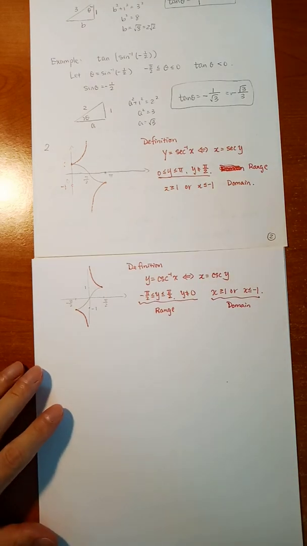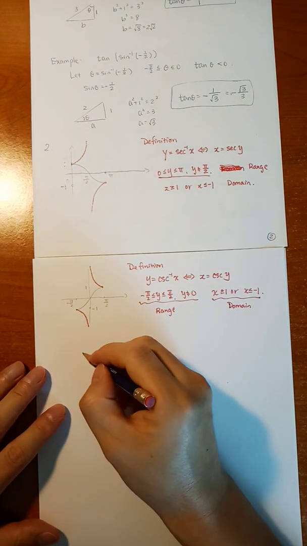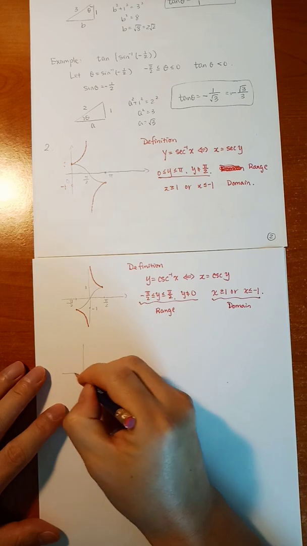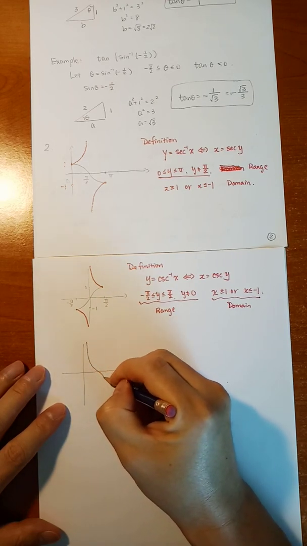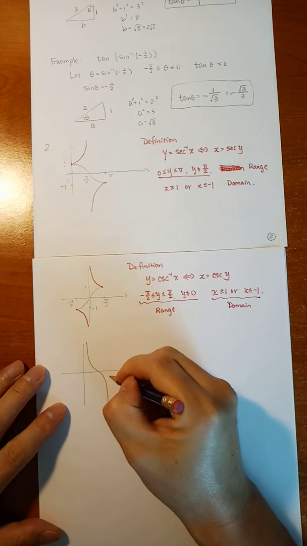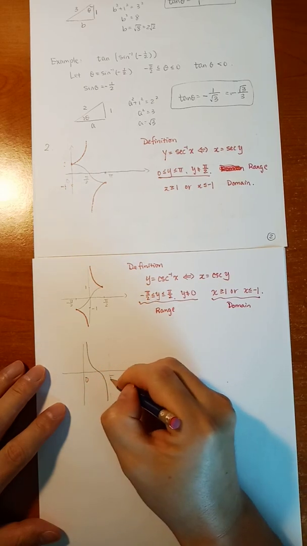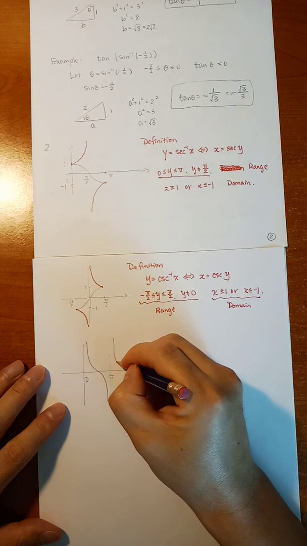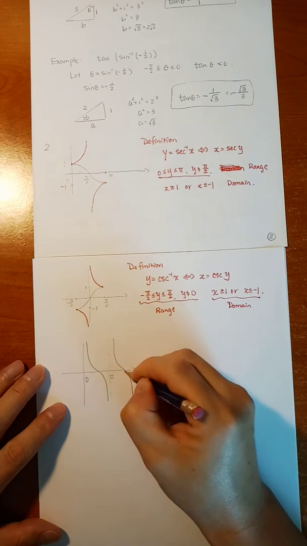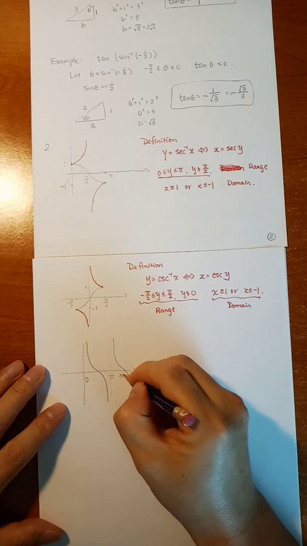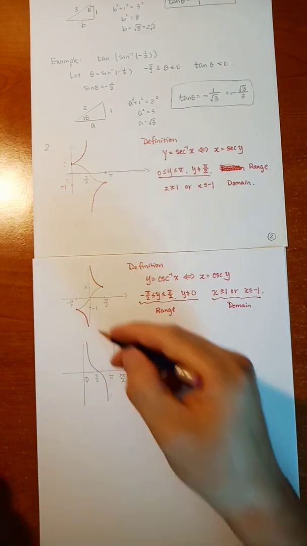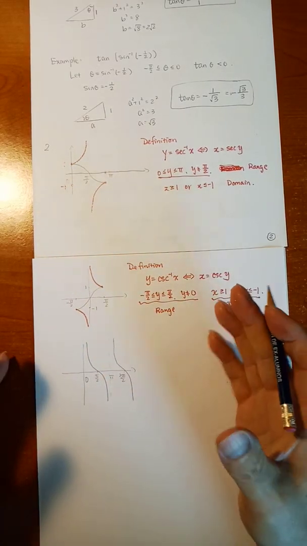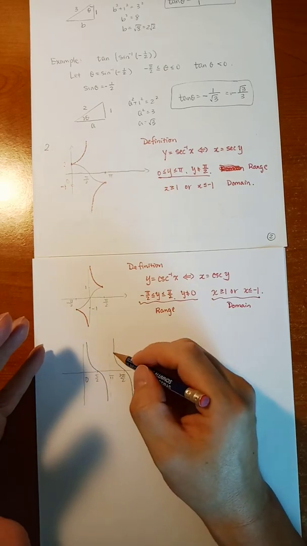For the cotangent, it has a natural branch because it's like the tangent.